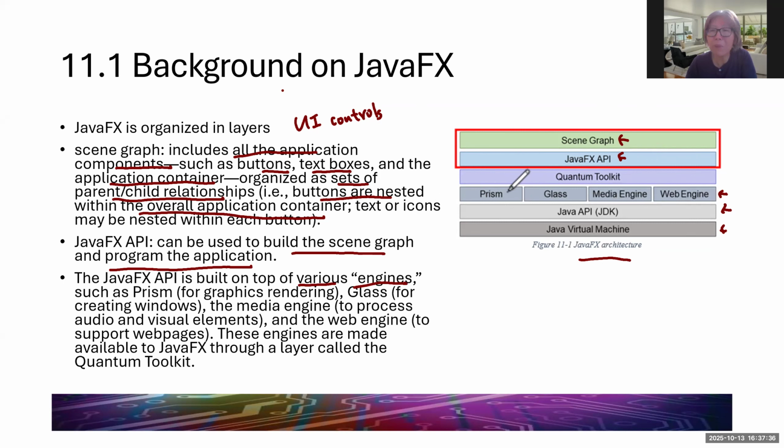Prism is mostly used for graphic rendering, the Glass engine is mostly used for window creation, the media engine processes audio and visual, and the web engine supports web pages. All of these engines work with the Java API through the Quantum Toolkit. So this is JavaFX's architecture.